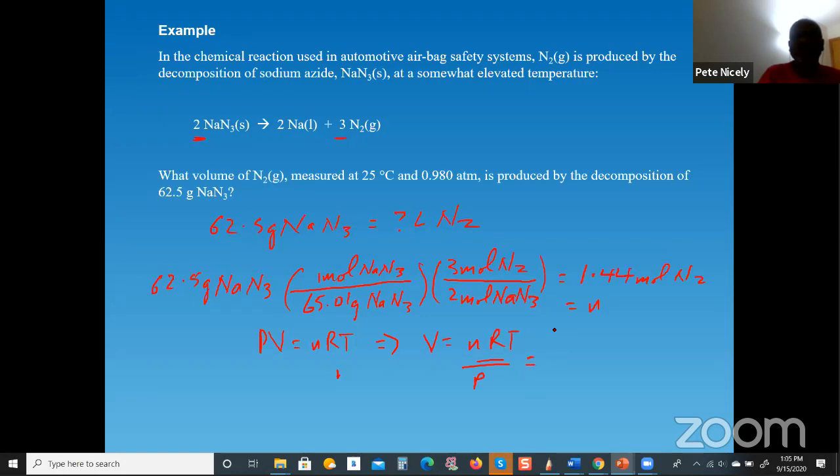So all we have to do is put the numbers in. We calculated n, which is 1.44 moles, times R, which is 0.0821 liters atmospheres over mole Kelvin, times T. What is T? 25 degrees Celsius, which is 298 Kelvin, all divided by P, which according to the question is 0.980 atmospheres.